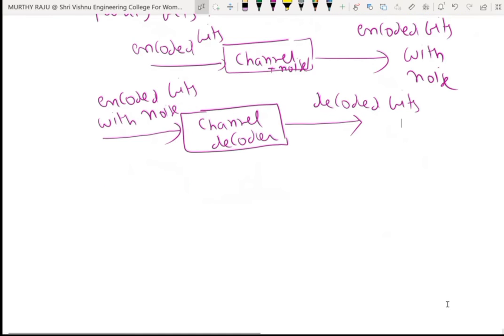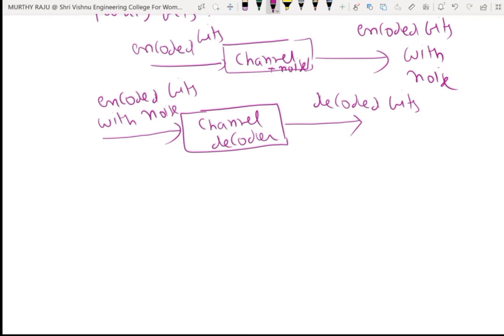What is the main function of the channel decoder? It identifies the redundant bits and uses them to detect and correct the errors in the message bits, if any.